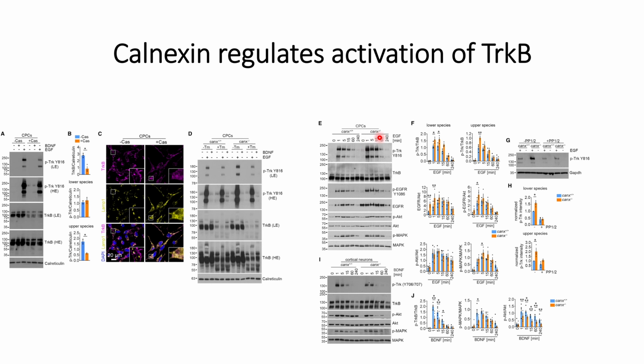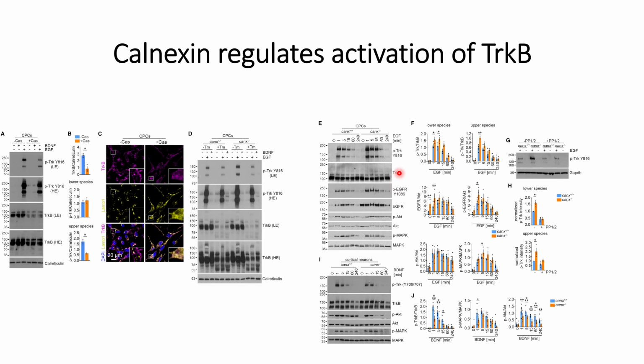And when they do not have any Calnexin, they can see more formation of this intracellular TrkB, because there is no transport medium present in this case. So the TrkB will not be able to express on the cell surface.